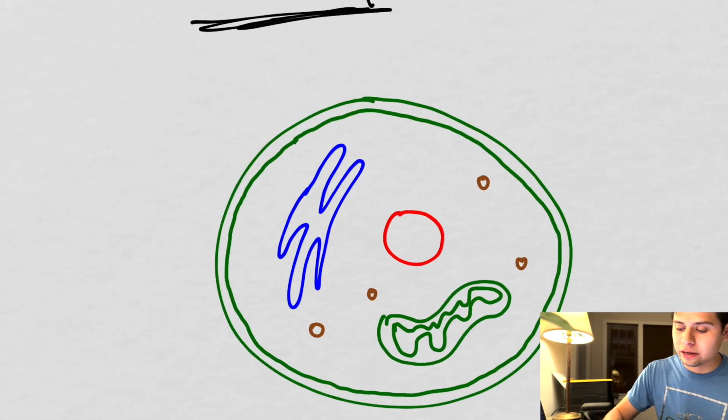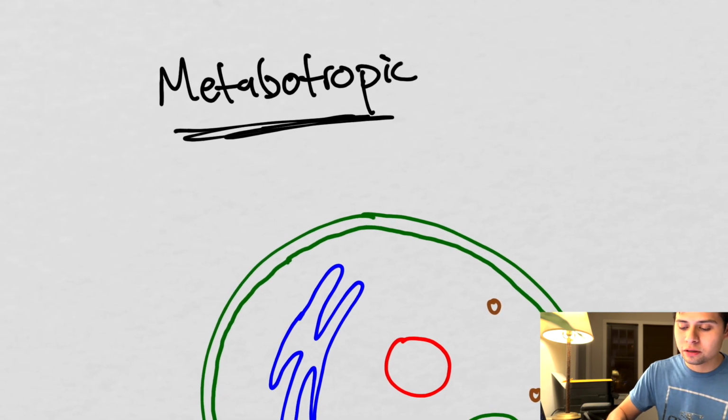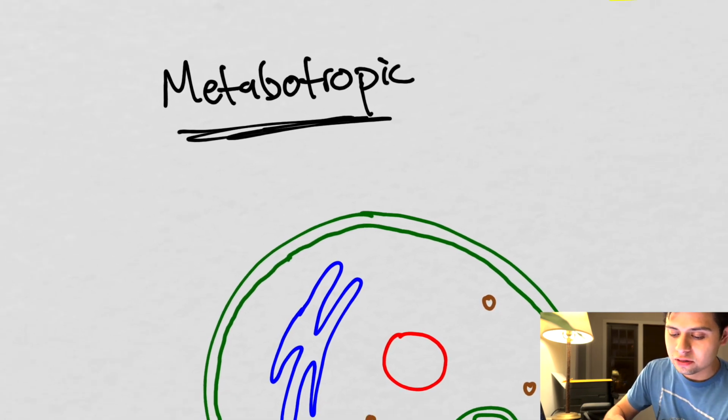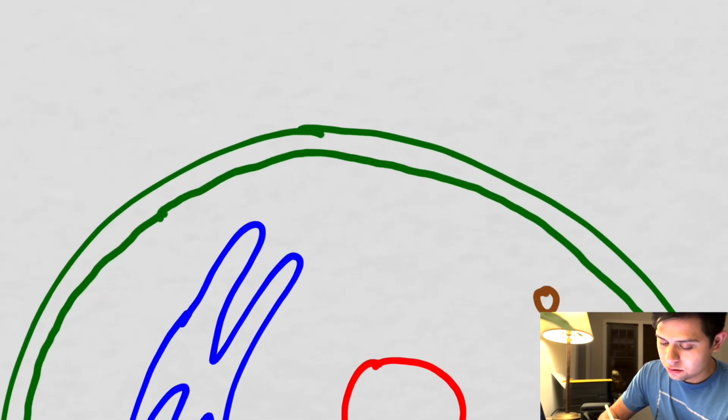The point that we want to get across, though, is that metabotropic receptors are little proteins that exist. We'll do it in pink. We have these little proteins that permeate the lipid bilayer. This is not to scale, obviously. I can't make my pen go that thin and that small.